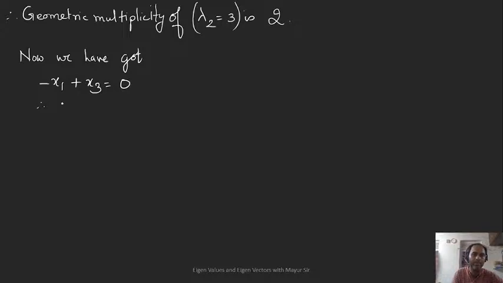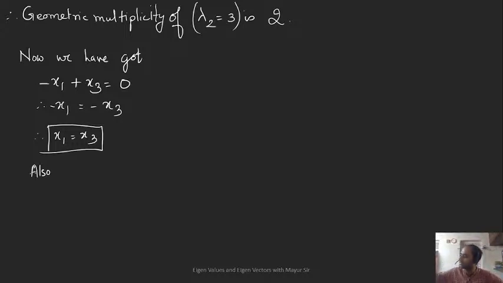Therefore minus x1 is equal to minus x3. Therefore x1 is x3. But what about x2? We did not get anything about x2. When you don't get anything like this, that means there is no information about x2, so x2 is free. x2 has become independent from the process, so x2 is x2.